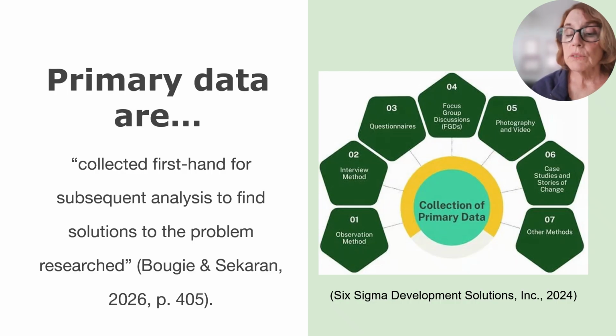Case studies, stories of change, narrative analysis of people's experiences, for example. And there are even other methods. Say you're an archaeology major, you may be unearthing pottery as a new source of primary data. That sounds exciting. In any case, these are data collection methods that researchers use to collect primary data to answer their research question.